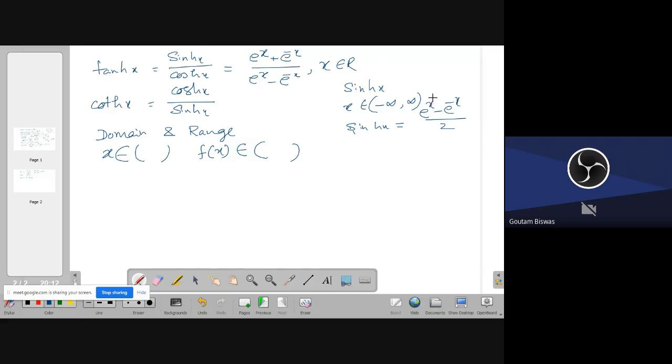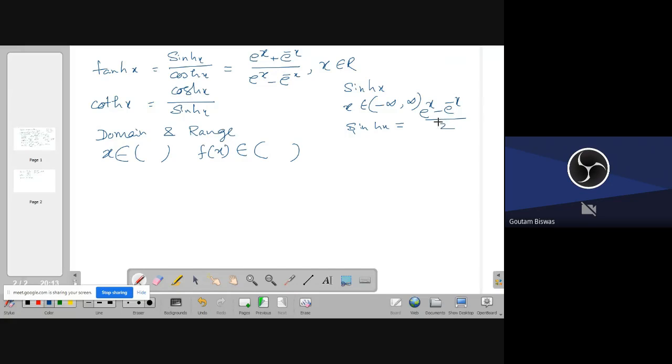So first, go on increasing x towards infinity. This function remains always positive and this function remains always negative. So this is a decreasing function and this is an increasing function. Okay, so what will happen to it? Where will it go?